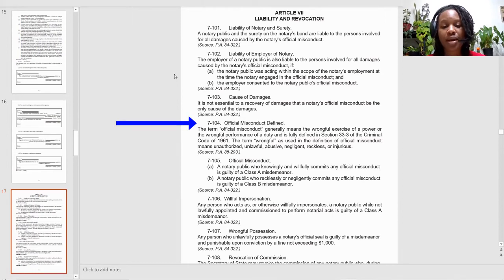Please look that up on your own time. The term wrongful, as used in the definition of official misconduct, means unauthorized, unlawful, abusive, negligent, reckless, or injurious.